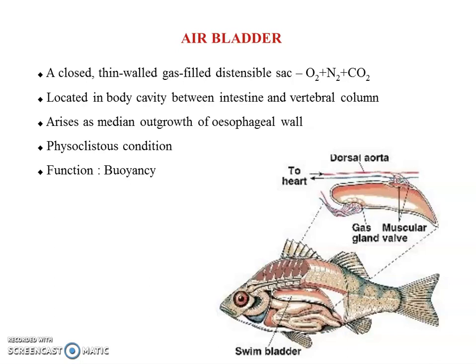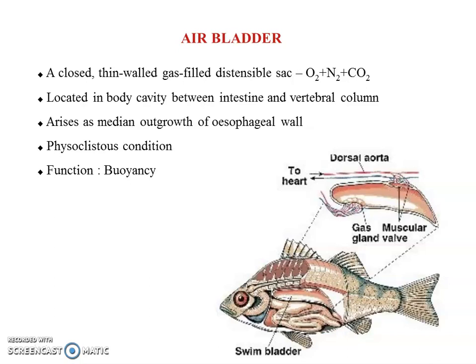So in the development of the gas bladder, the air bladder arises as a dorsomedian outgrowth of the esophageal wall. It is connected to the esophagus through a small duct referred to as a pneumatic duct.